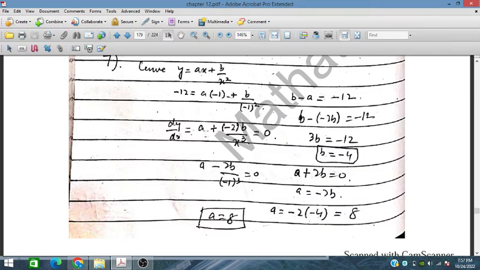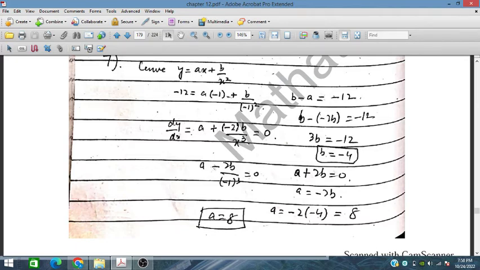This is a minus 2b upon x cubed is equal to 0, and by placing x equal to minus 1 at this value, we have a minus 2b upon, in place of x, minus 1, which is equal to 0.